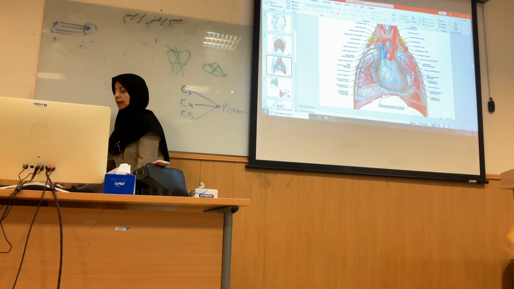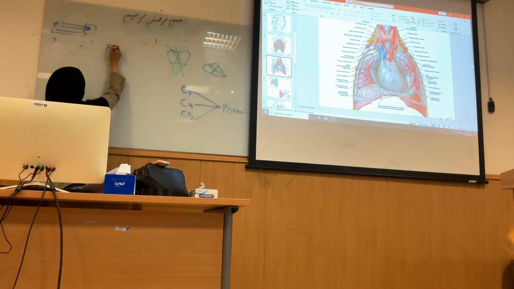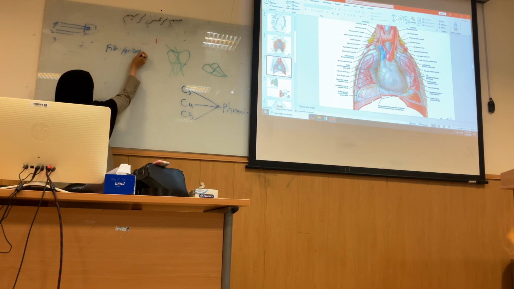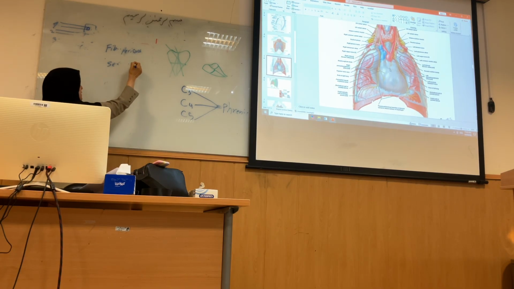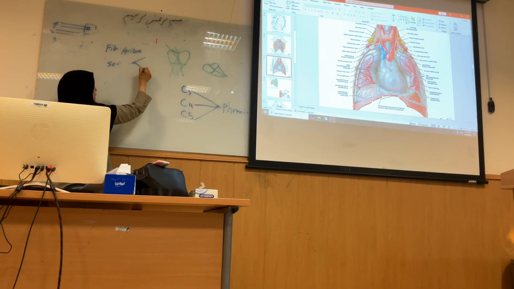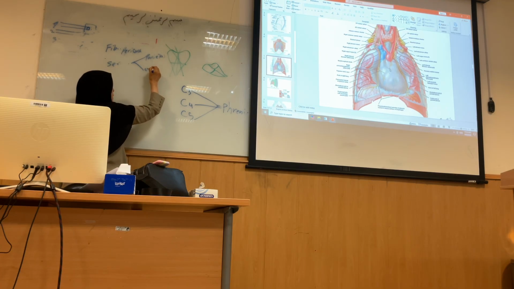Now imagine, here we have the fibrous pericardium, which is the outer layer. Inner to the fibrous pericardium, we have the serous pericardium. This serous pericardium consists of two layers, parietal and visceral.